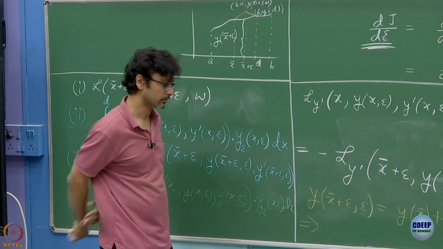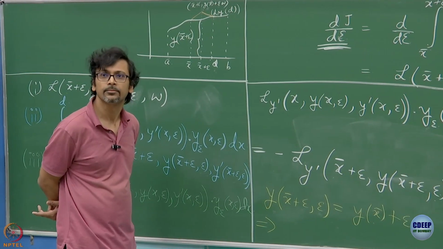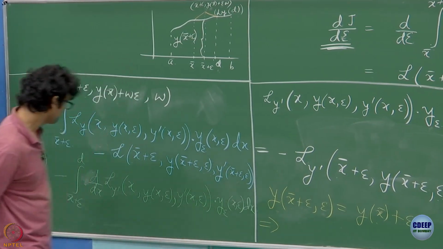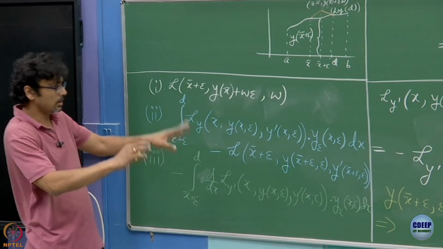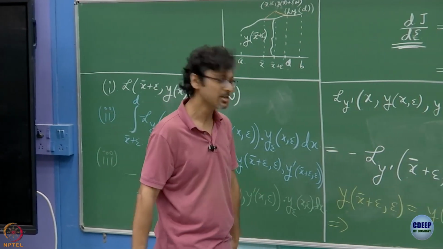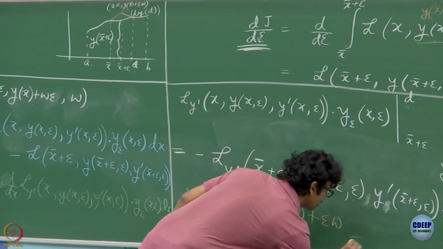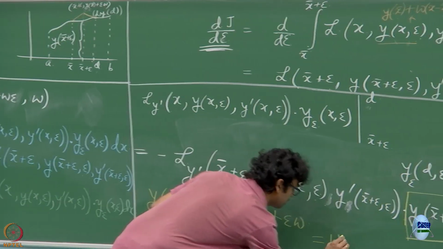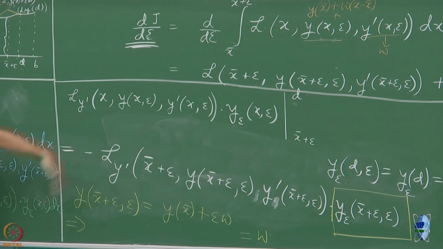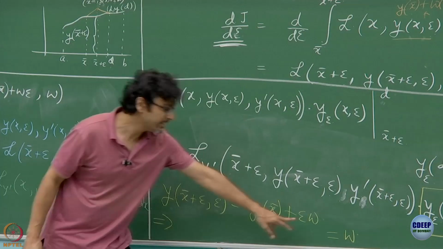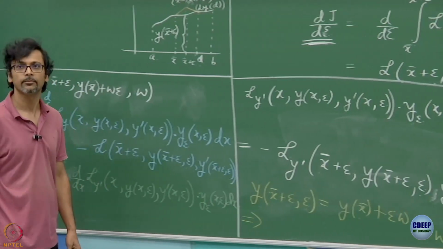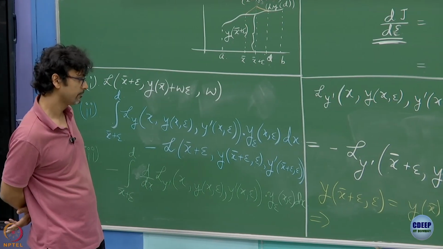Tell me, what is it? What great discovery have we made through all of this? Look, the right hand side is immediately very straightforward, it's just w. So if you differentiate both sides with respect to epsilon, the right hand side turns out to be w. What about the left hand side?